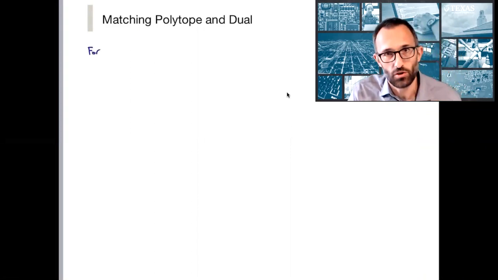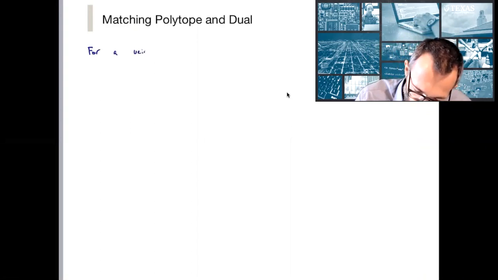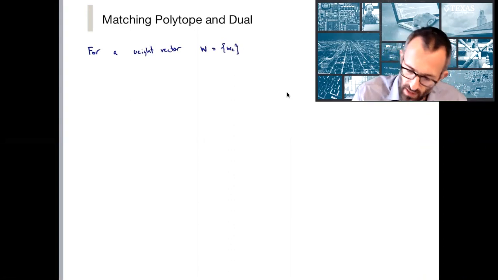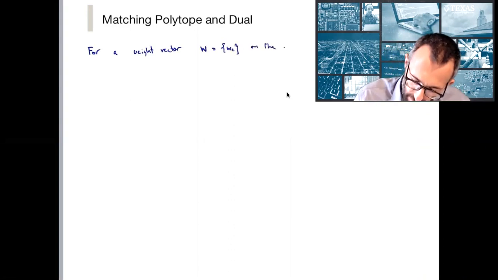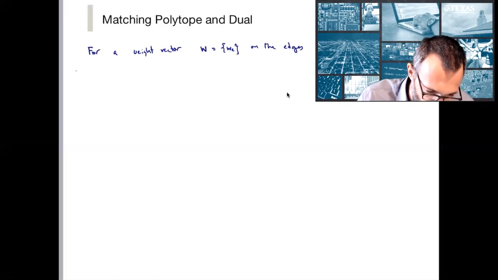Okay, so the new element that we're introducing is a weight vector. So for a weight vector W, which means the collection WE on the edges, we can define the max weight matching problem as follows.